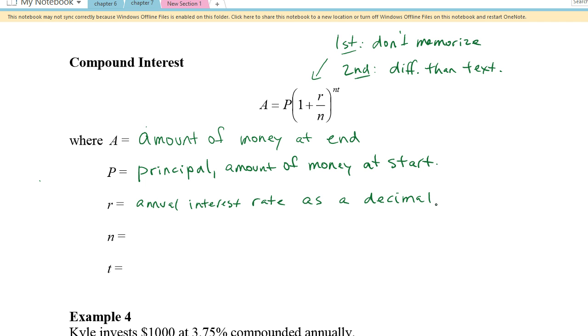Now, the next thing about this compound, in my little quick example, I said that the bank pays you interest at the end of the year. That would be something where we would say compounded annually. When you get investments or a bank account and things like that, pay attention to how they compound the interest.